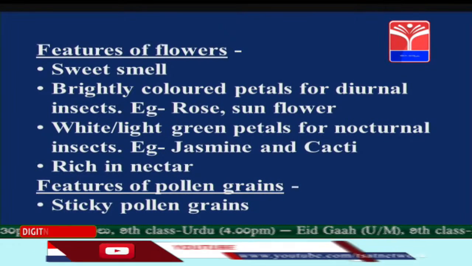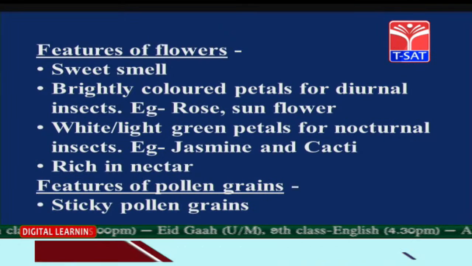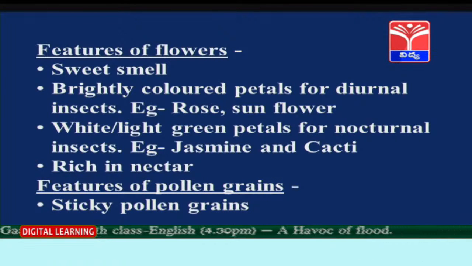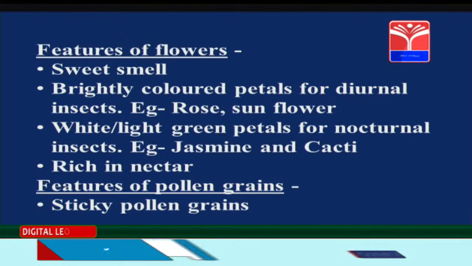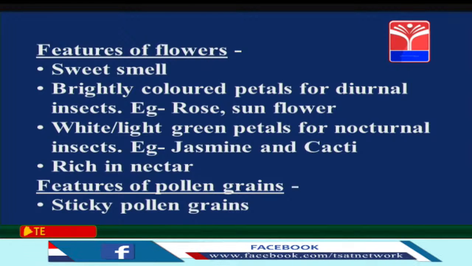So see what features should be present so that the insects will be attracted. See here children, features of the flowers: they should give a sweet smell so that they can attract the insects, and they should be brightly colored. For diurnal insects, diurnal means the insects which move in the daytime, brightly colored petals.